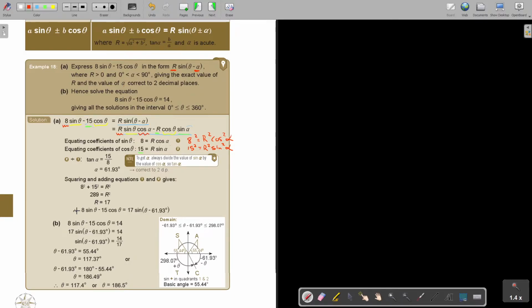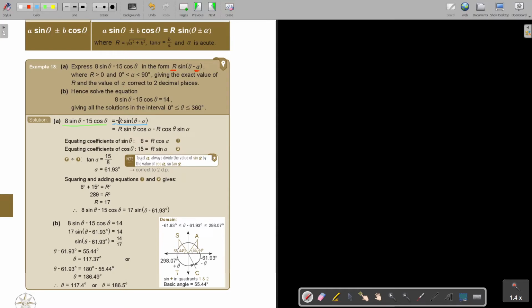Now I'm going to use it. So hence, using this answer of A, solve the equation. So I'm starting with this, but now I know that, can I show you again here? I'm just going to clean so that you see a little bit better. As I said to you, this is equal to this.